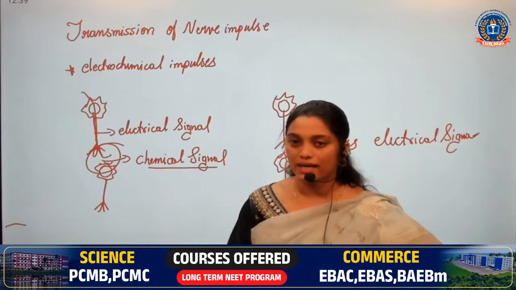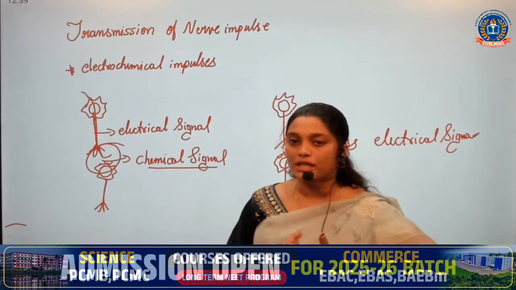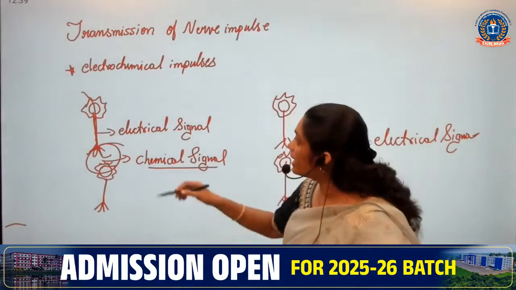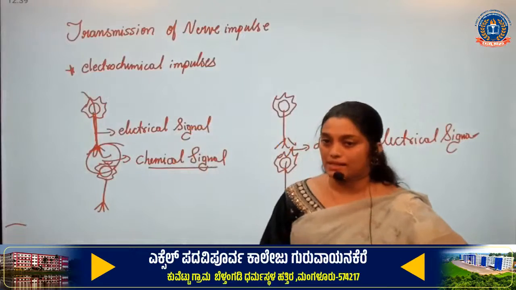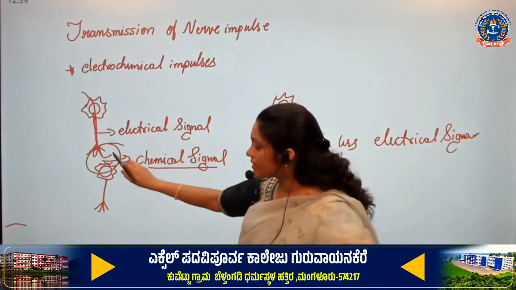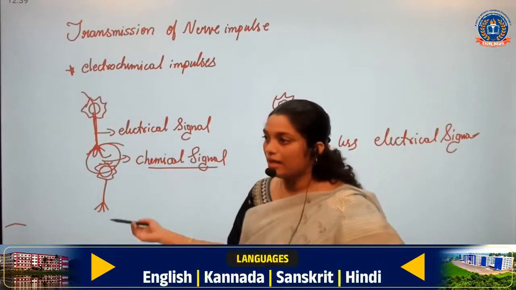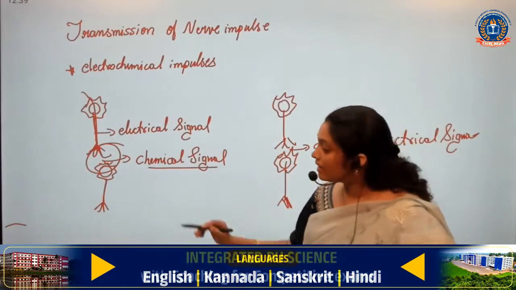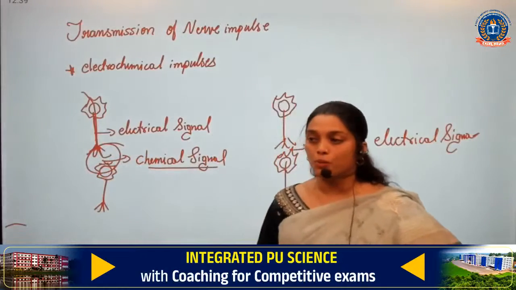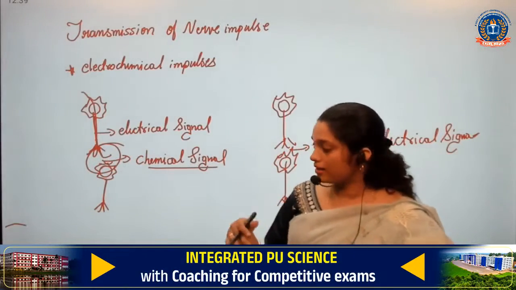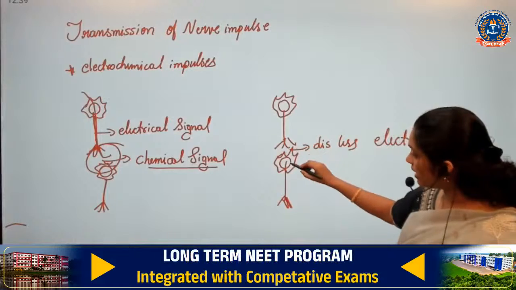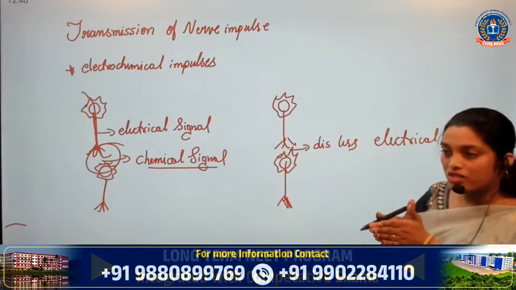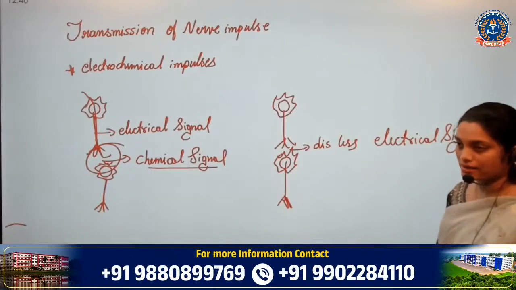Now just understand that the transmission of nerve impulse from one neuron to another takes place by electrochemical impulses: electrical signal, chemical signal, and again electrical signal. When the chemical signal is passing, the distance between the two neurons should be more. Whereas when the axon terminal and the dendrite of another cell are in close proximity, an electrical signal passes.